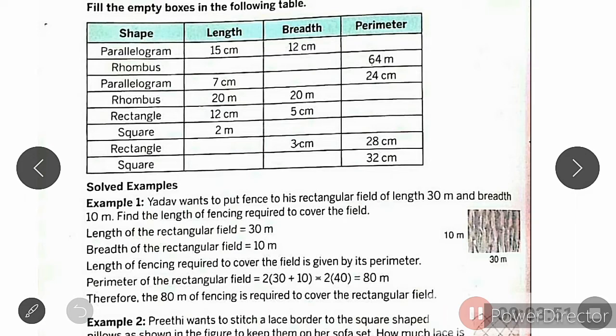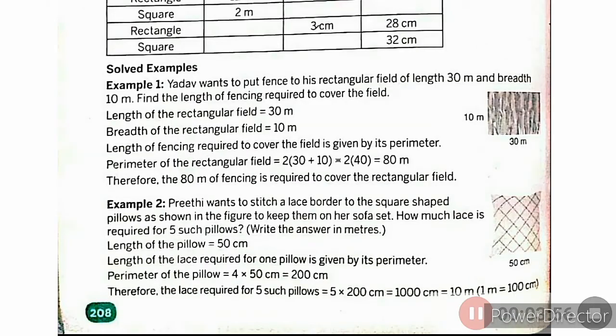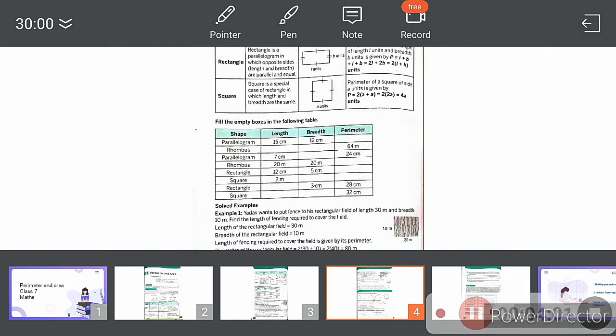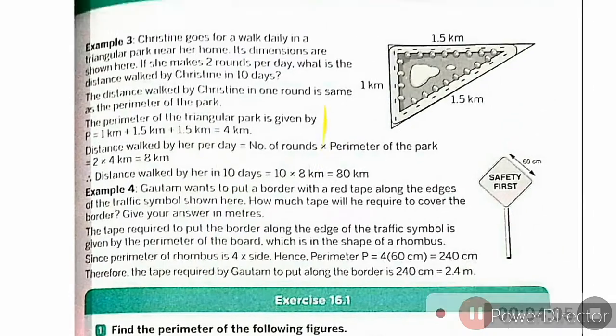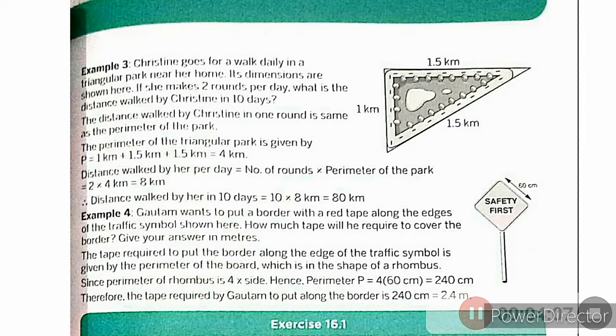The next example is on a triangle, and the fourth example is on a rhombus. You can just apply the formulas and then you will get the perimeter at the end. Okay, without wasting time, let's begin with the exercise also.